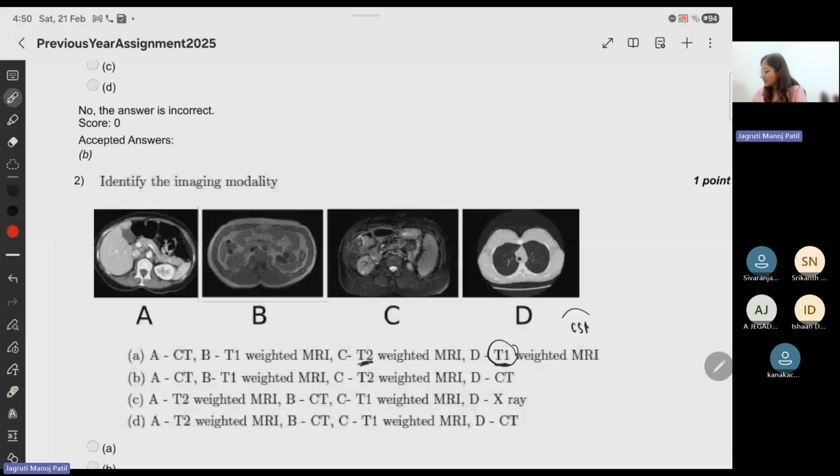There are different proton spin interactions there, but just for you to directly identify this based on the images, CSF will appear darker in T1 weighted images, and it will appear brighter in T2 weighted images.